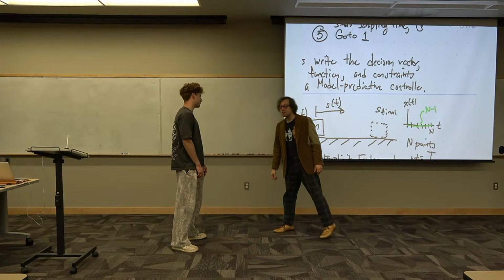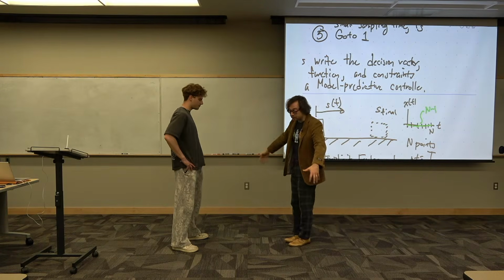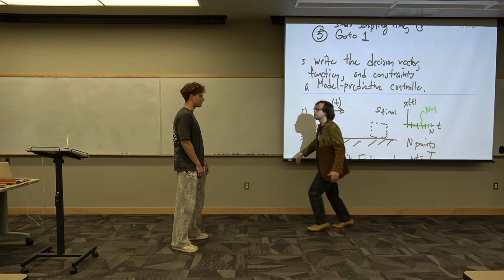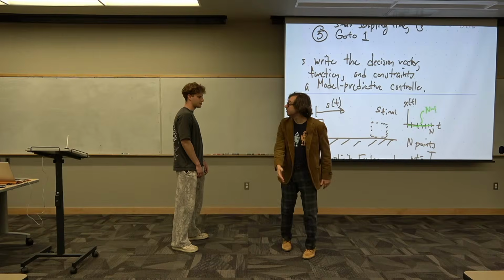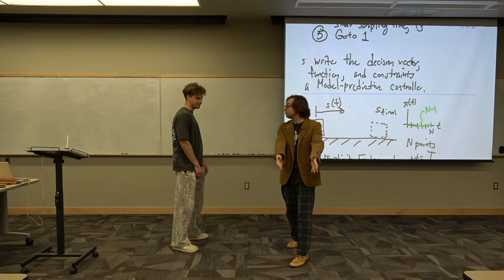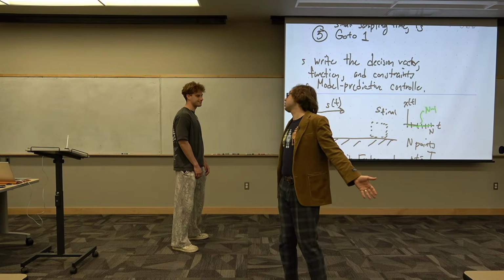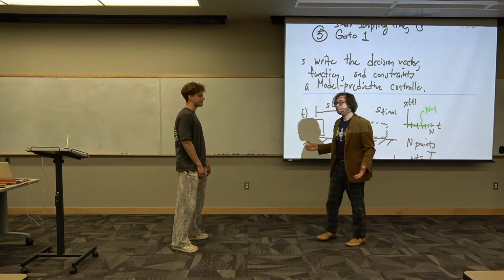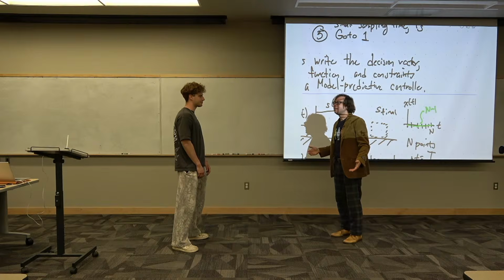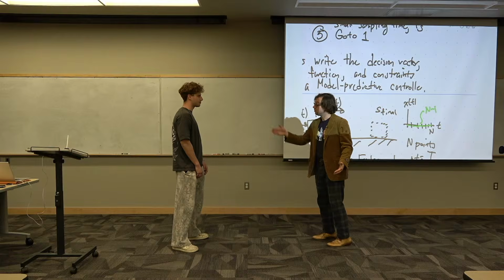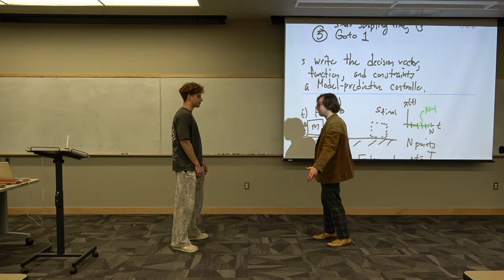So even something like leaving the workspace, let's say it's just leaving that space right there. I'm moving around and I find myself in a position where I'm moving fast enough that there's nothing I can do to decelerate to stop myself from leaving the workspace, right? So now, will it try its best? Probably. You could try putting the constraint on there: don't hit you, don't leave the workspace.